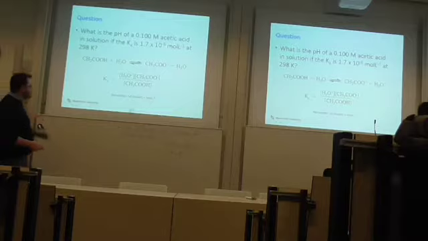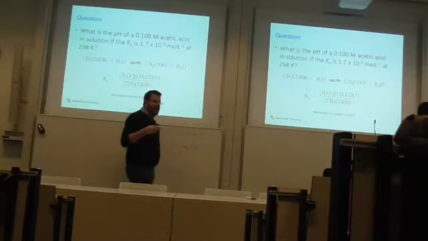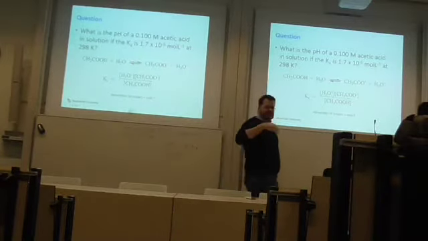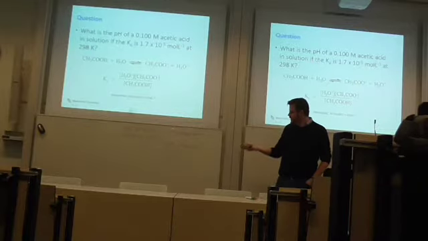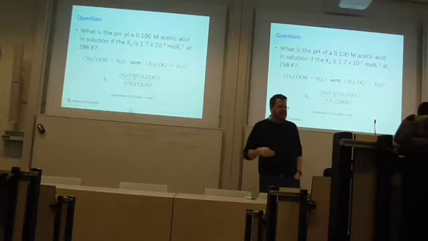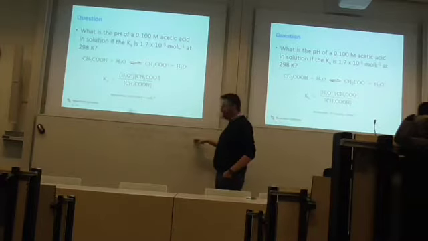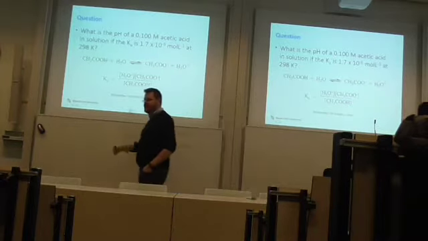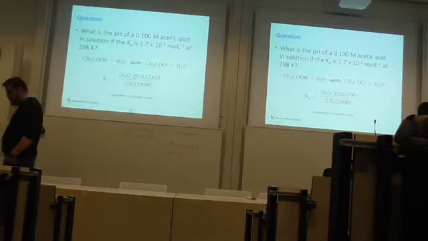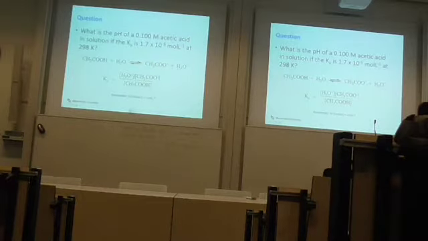Now, if it dissociated to completion like HCl, we could just simply plug in the value and get the pH, because the concentration of the acid would be the same as the concentration of the H+. In this case, we can't do that because it's a weak acid, and that's its Ka value.